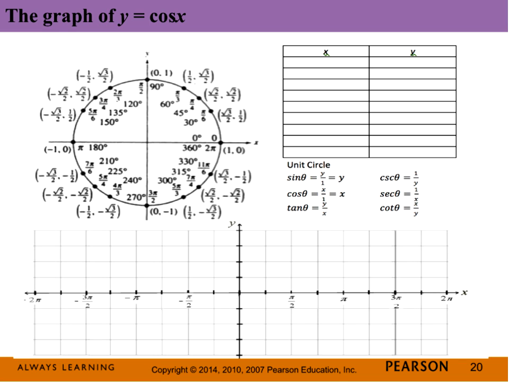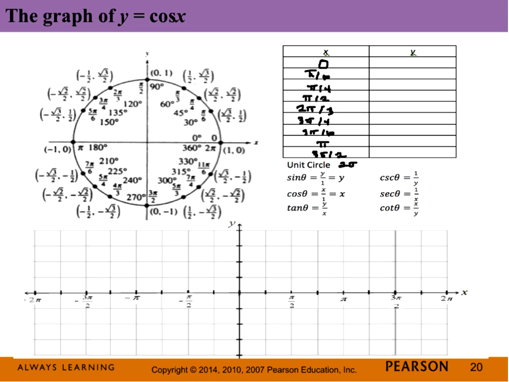Okay, cosine. All right, so the same deal here. I chose the same values that I chose for sine. So I have 0, pi over 6, pi over 4, pi over 2, 2 pi over 3, 3 pi over 4, 5 pi over 6, pi, 3 pi over 2, and then 2 pi.